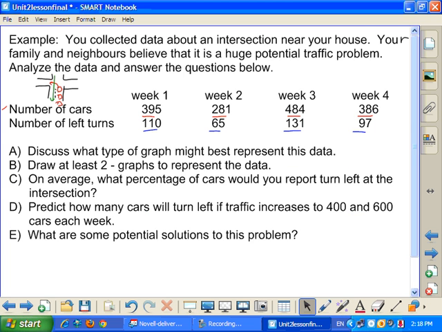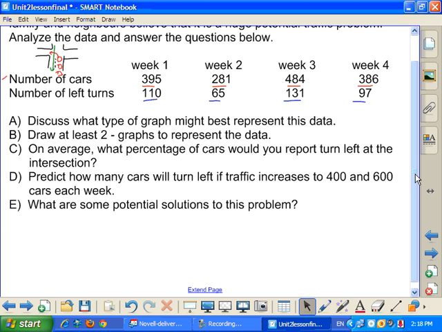So I've got some guiding questions, and these are the guiding questions you're going to use when you are doing your own analysis. For part A here, discuss what type of graph might best represent this data. So when you look at it, you're looking at week 1, number of left turns, week 2, week 3, week 4. We have a couple of options from our lessons here.